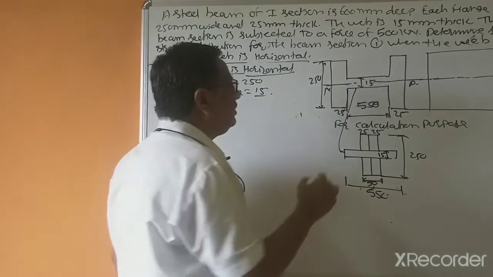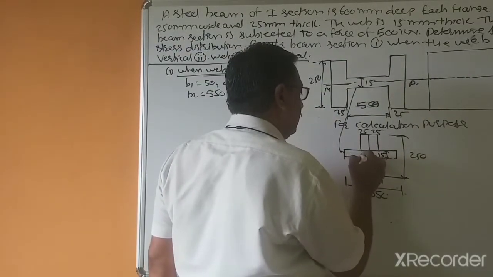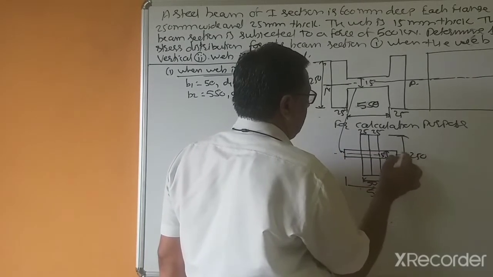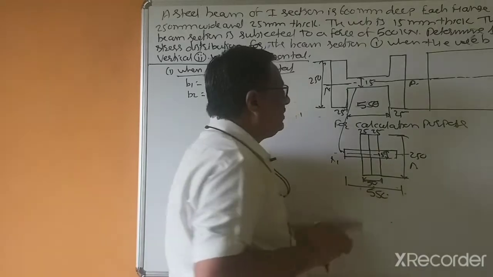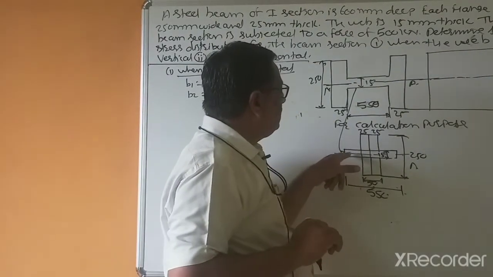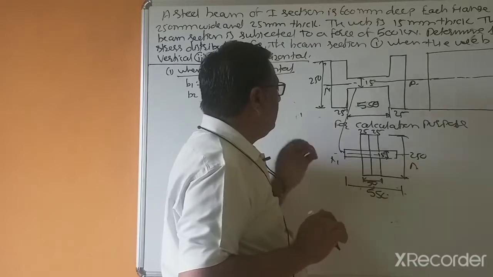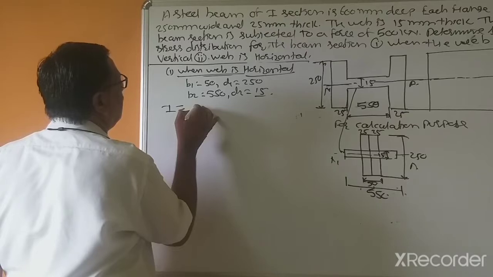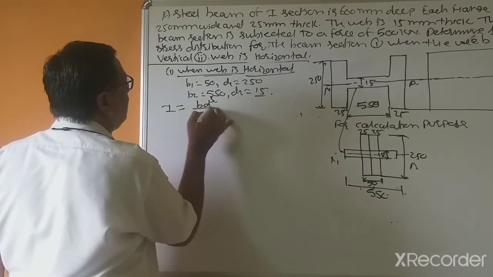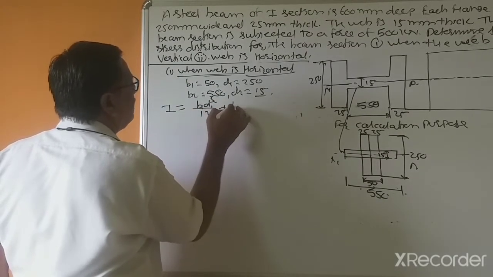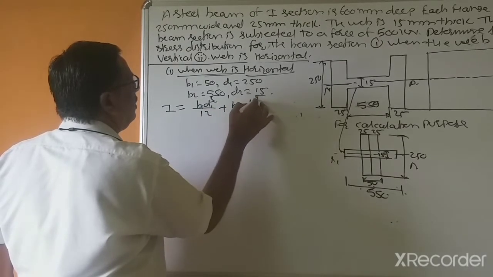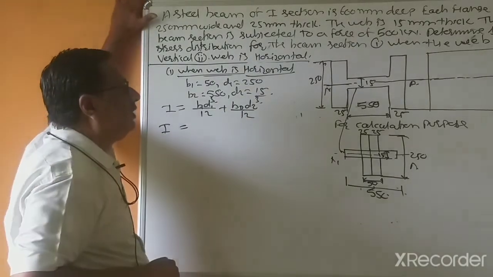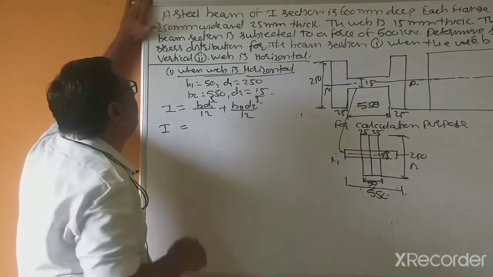Now this is passing through because we are considering likewise. So this is neutral axis. So this is passing through the both component. So this is say first component, or you can say this is second component. So that's why moment of inertia equal to B1 D1 cube divided by 12 plus B2 D2 cube divided by 12. B1 equal to 50.